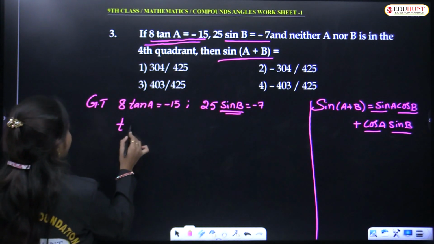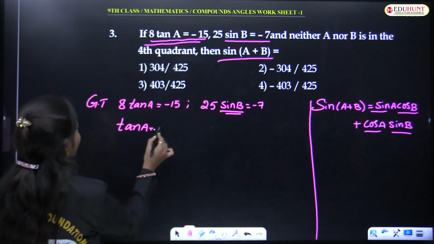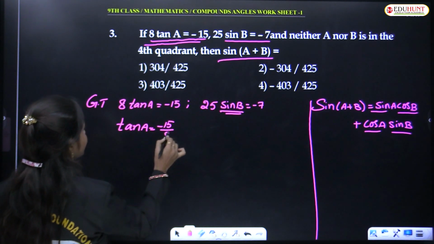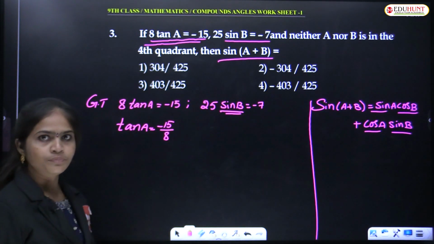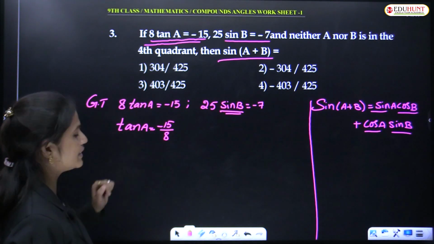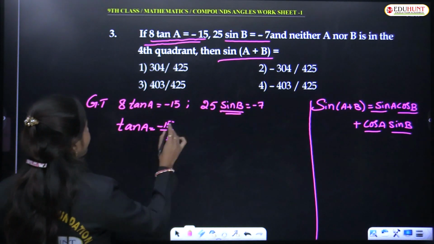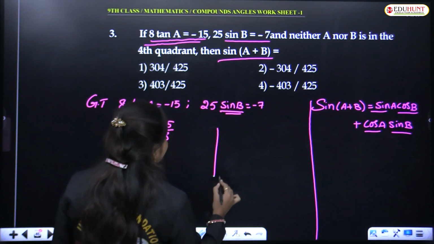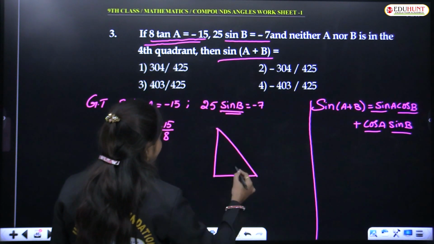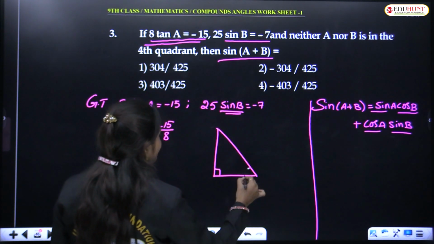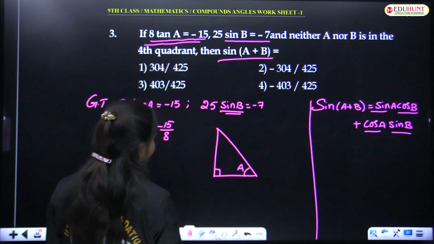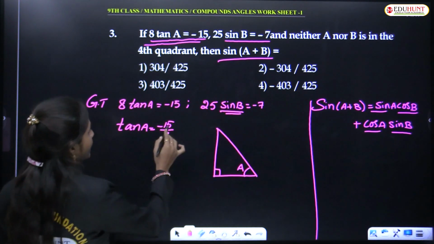So here we can write this as tan A is equal to minus 15 by 8. Okay. So, take the triangle. Here this is 90 degrees. So here the angle is there, that is angle A. So, 15 by 8.